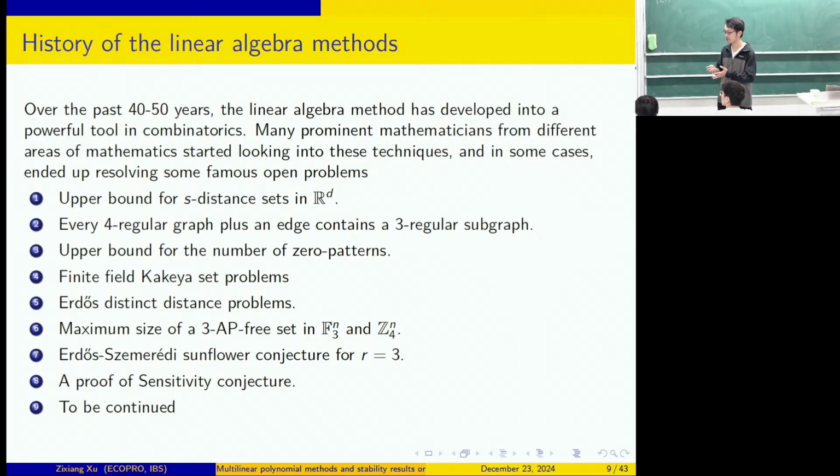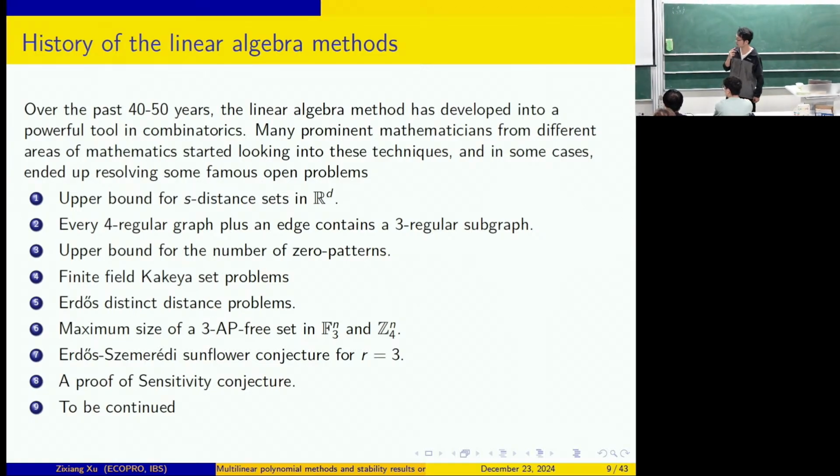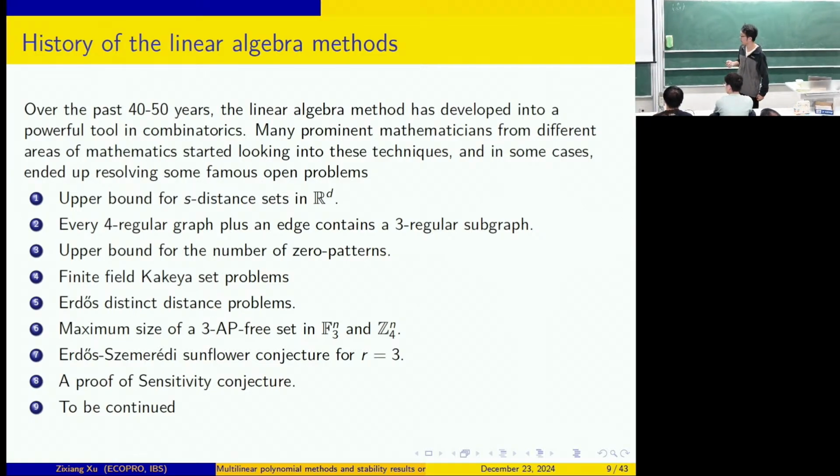Lots of people believed the finite field version is as difficult as the original version, but Dvir used a very elegant polynomial method to completely solve this problem. This also later inspired the solution of the long-standing Erdős distinct distance problem.